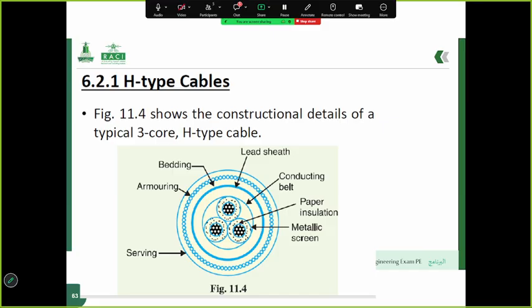These screens are an essential feature of screen cables, as they are designed to conduct leakage currents to the ground, preventing them from causing local heating and insulation damage. The three screened cores are then enclosed within the conducting belt, and the entire assembly is surrounded by a lead sheath to protect it from moisture.